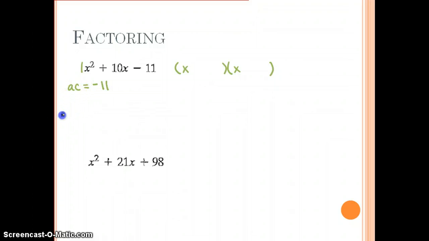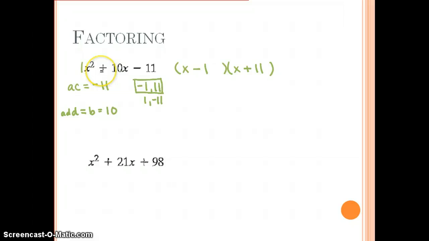And then you want to figure out what the factors add to, and we need it to add to the b value, which is 10. So factors of negative 11 would be negative 1 times 11, or positive 1 times negative 11. And which one of these adds to a positive 10? Well, the first one. So we know that there would be x minus 1 and an x plus 11, because it's a positive 11.